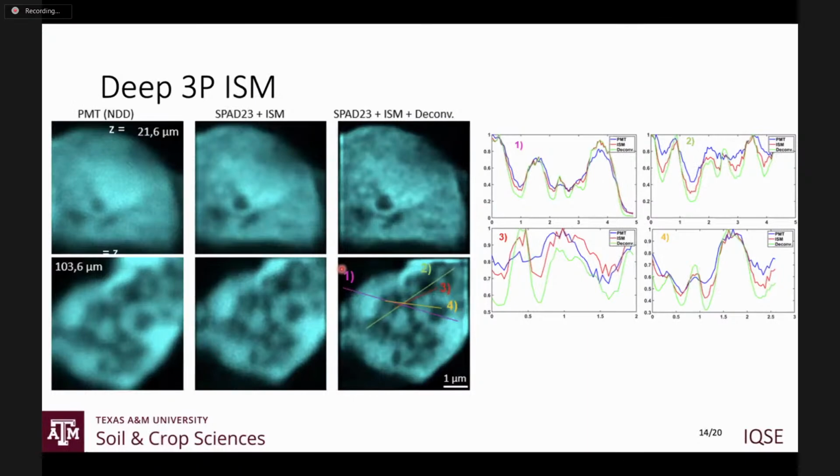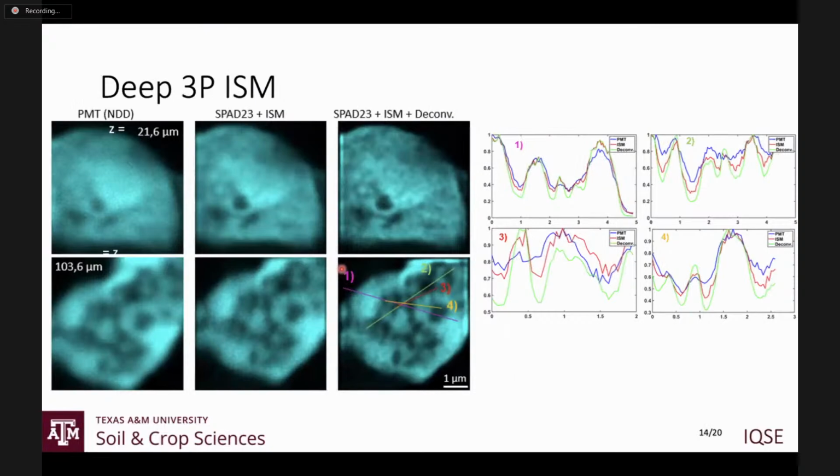So anywhere where the blue light comes back from is from cell nuclei, and the structure that you see in those images tells you something about the nuclei. In the standard 3-photon microscopy, what you see is what you get, and the resolution might not be good enough to see all the details that are really there, but that is what you have to live with.